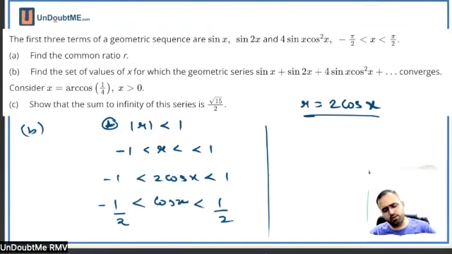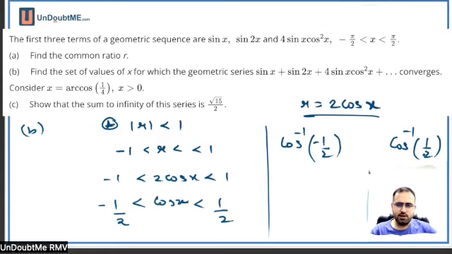You can take cos inverse on both sides. Just try it out: cos inverse of negative 1 by 2 and cos inverse of positive 1 by 2. There is one more thing which you will understand over here. Just find the value of both of them in a calculator.